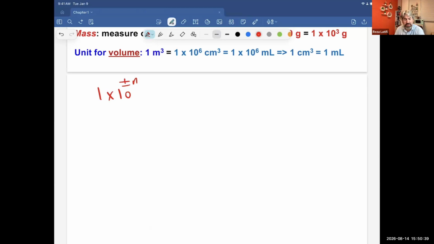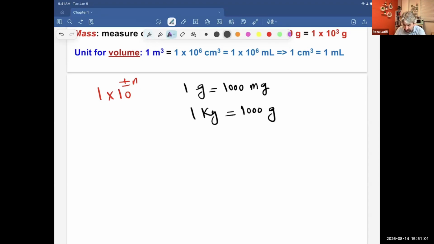Using this conversion, you can take any data that they give you and transfer it to something else. For example, 1 gram is equal to 1,000 milligram, and 1 kilogram is equal to 1,000 gram.